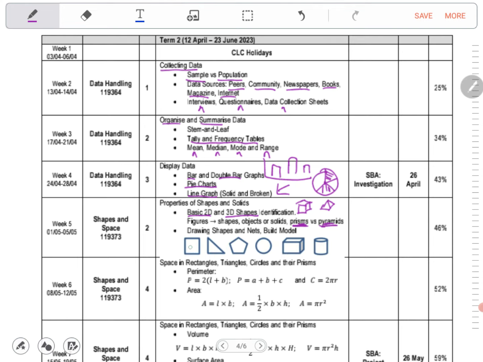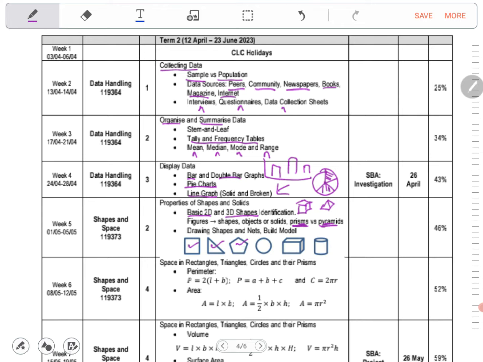So we would have a square or a rectangle, triangle, different types of triangle. This is a pentagon, so we can have a pentagon which has 5 sides, and we can have a hexagon that has 6 sides, a septagon with 7 sides, an octagon which has 8 sides, and then we have a nonagon that has 9 sides, and a decagon that has 10 sides.